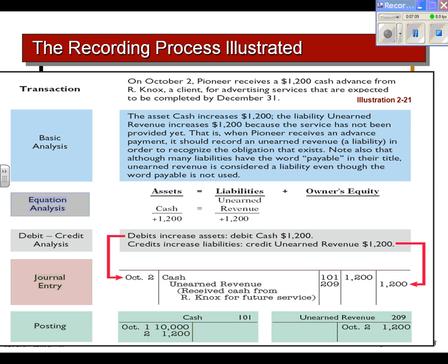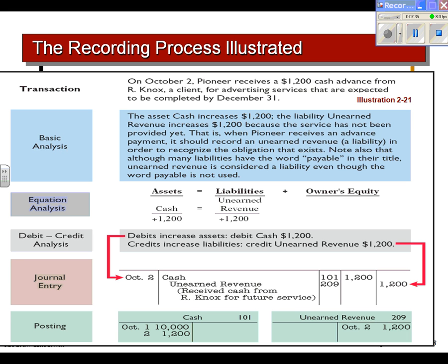So that's why it becomes a liability. Right? So keep that in mind when somebody gives us a cash advance. We're going to record a liability for that until we actually earn that revenue. When I do, that's when I'll record it to my revenue account. Right now, it's a liability. So if you look down to the journal entry, there's October 2nd, I'm receiving the cash, so I'll debit cash, and then I'm going to record this liability.